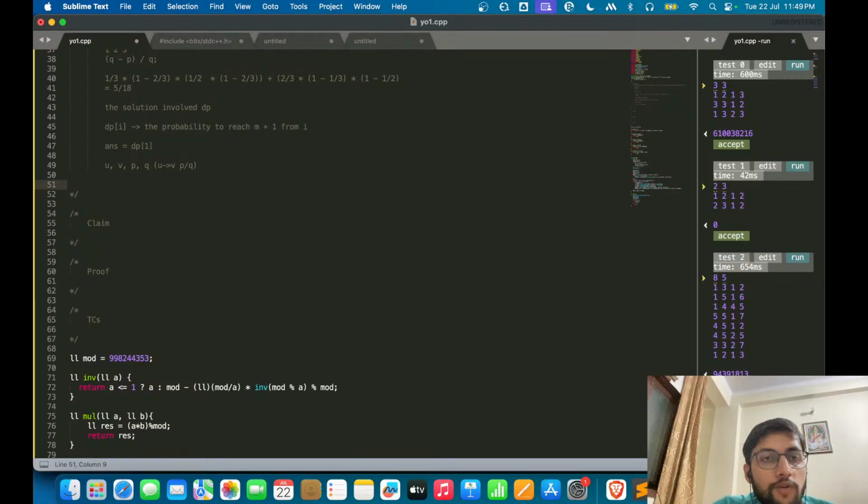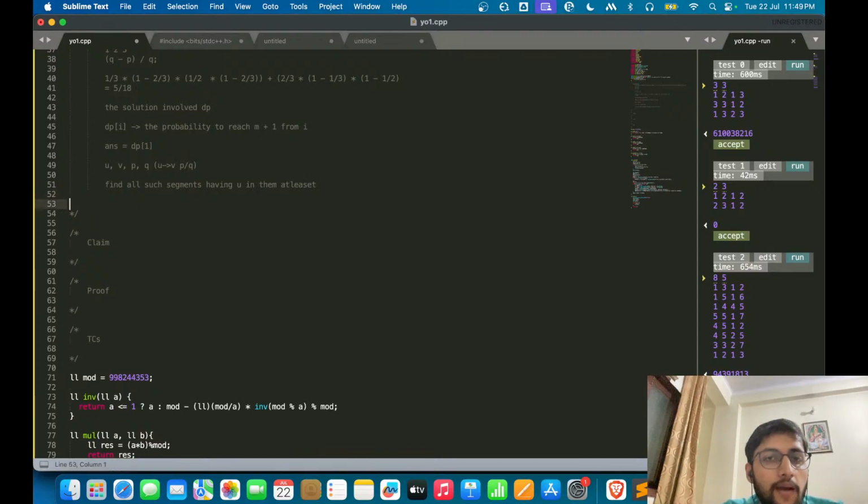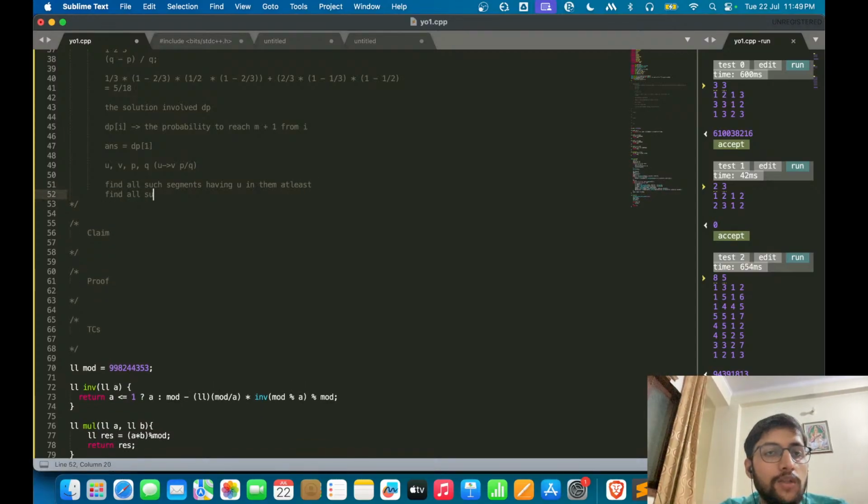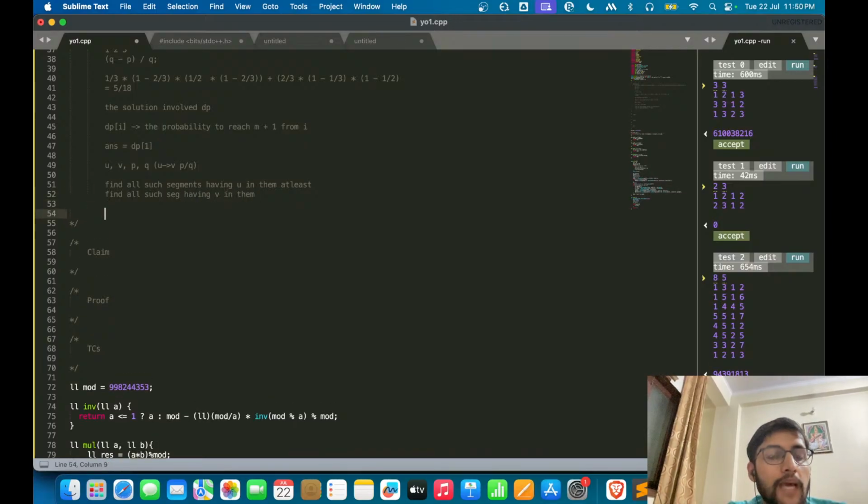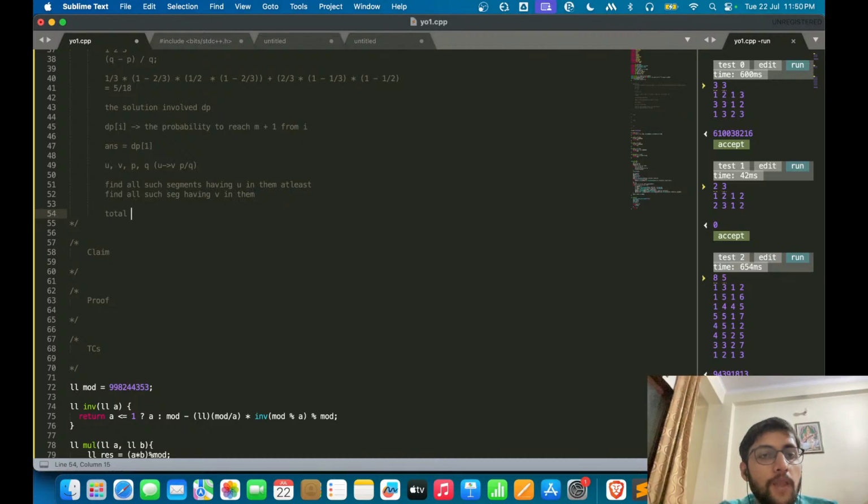So find all such segments having u in them at least, and find all such segments having v in them, then you can calculate the total probability, like I mentioned, using the prefix array, right?